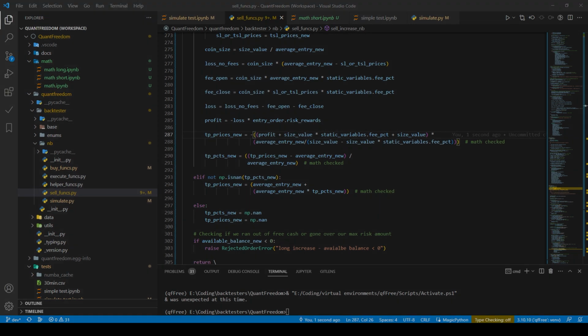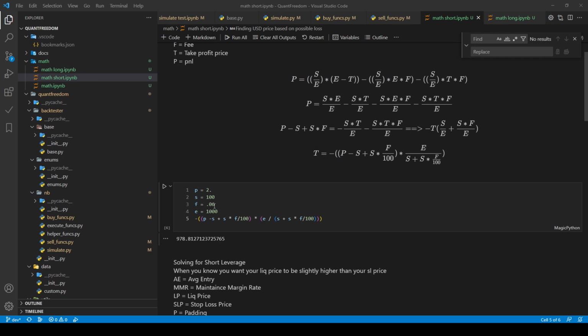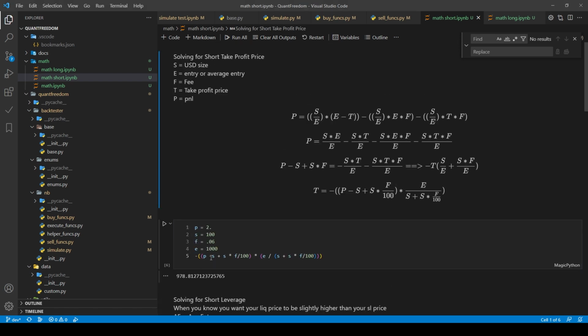And it does work here. If we look, we've got our P, which is my P&L is going to be $2.